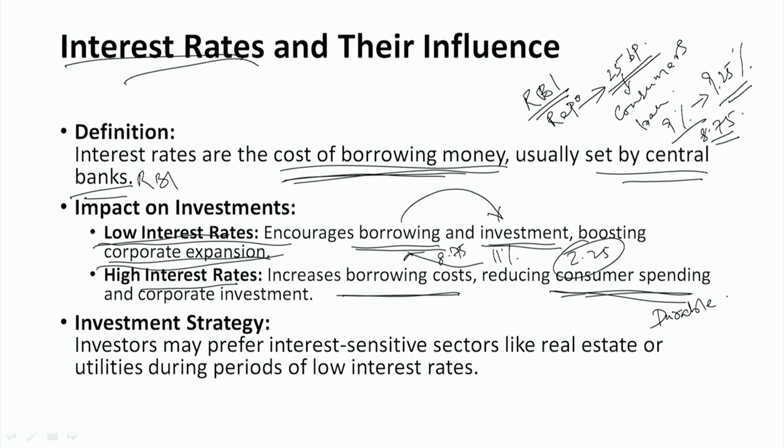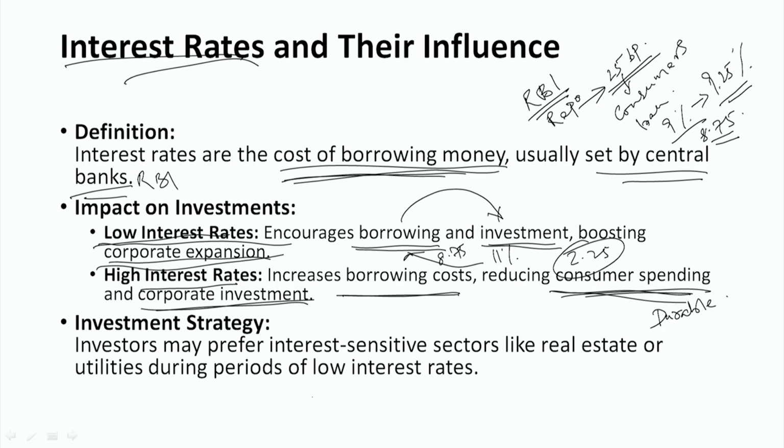So what will happen? Consumer spending will come down, and when consumer spending comes down, automatically it will have an impact on corporate investment. Profitability of the company comes down, investment coming into the company will also come down. So in a nutshell, what is the impact of interest rate on investors' sentiment?